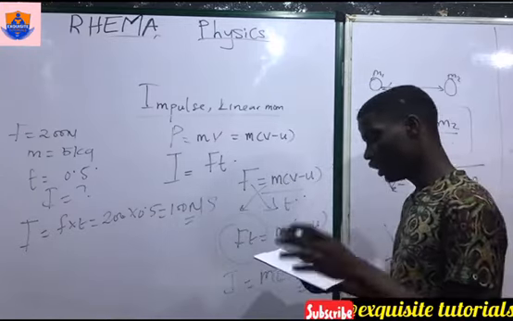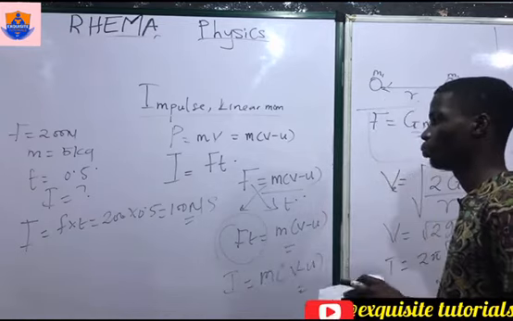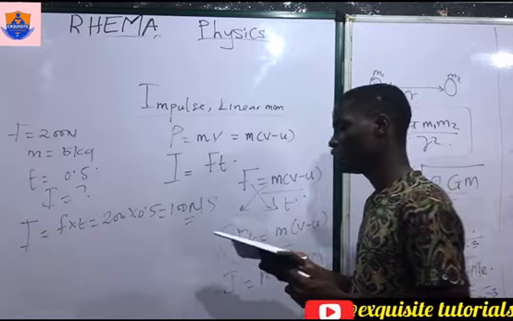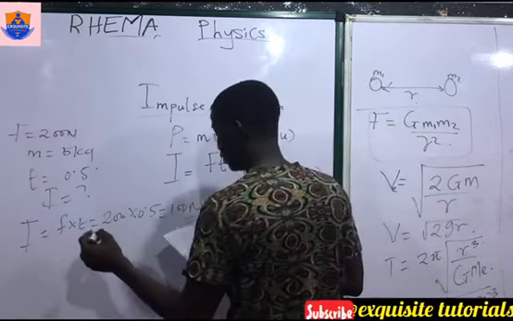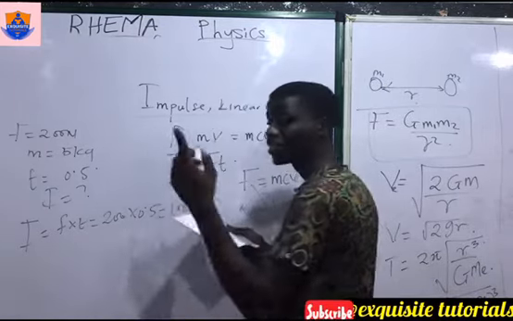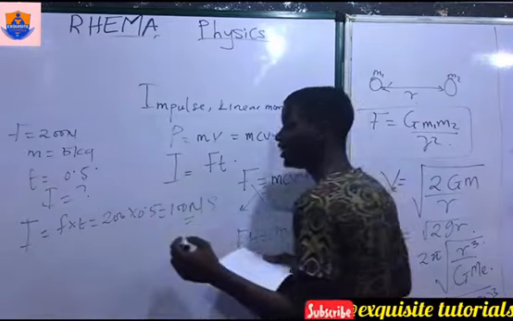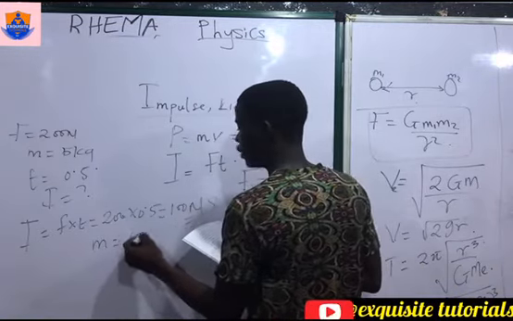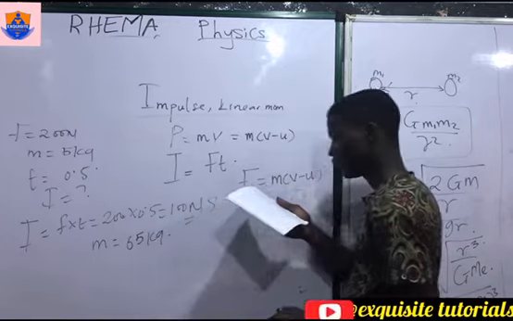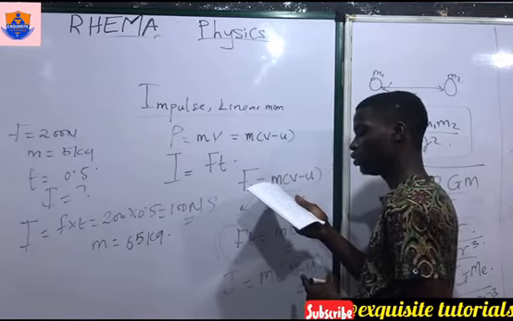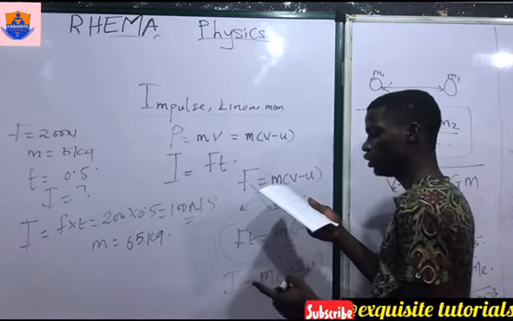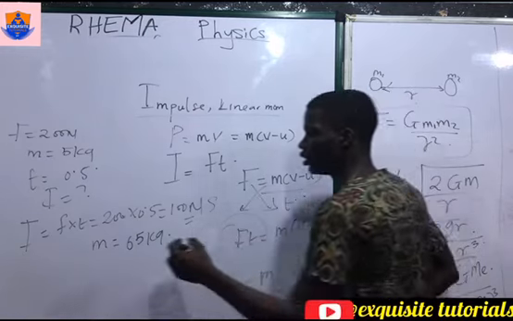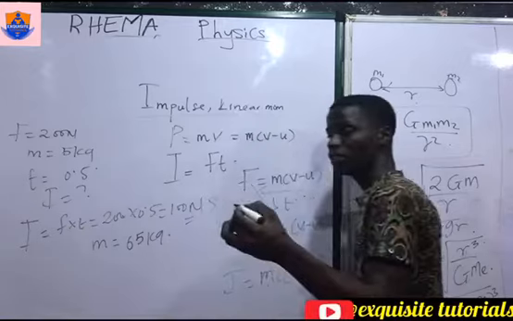So the other question has to do with momentum. They said a gymnast of mass 65 kg bounces vertically on a trampoline so that he approaches and leaves the trampoline with the same speed.